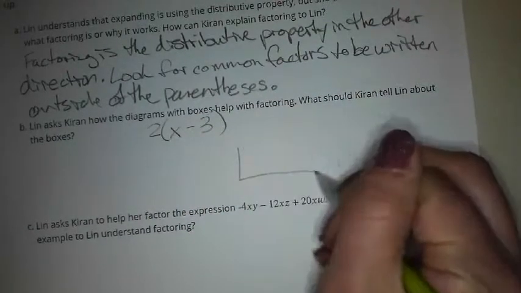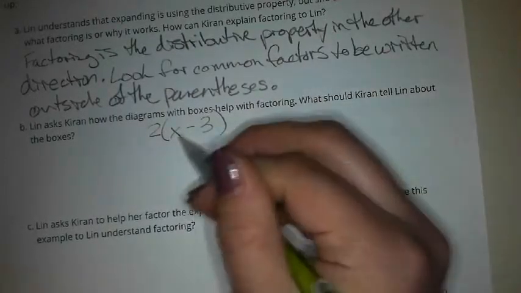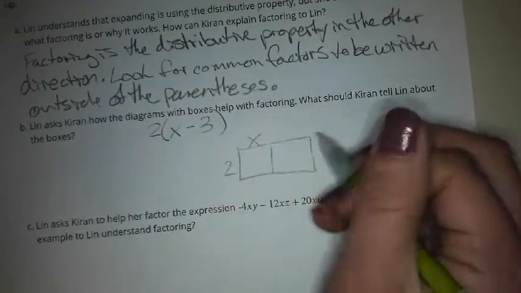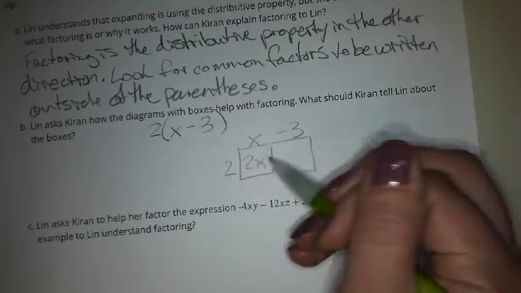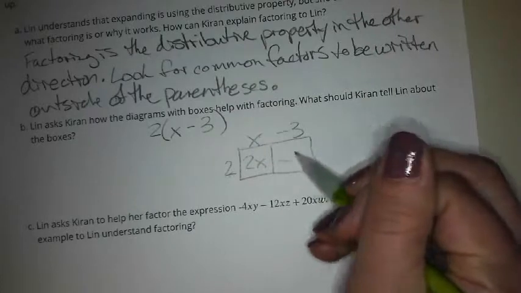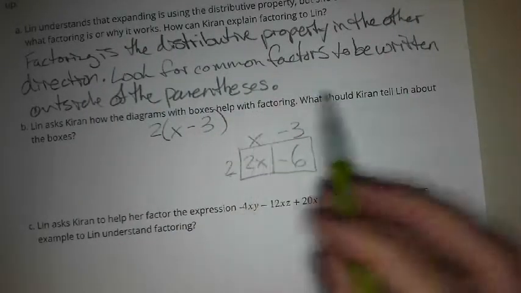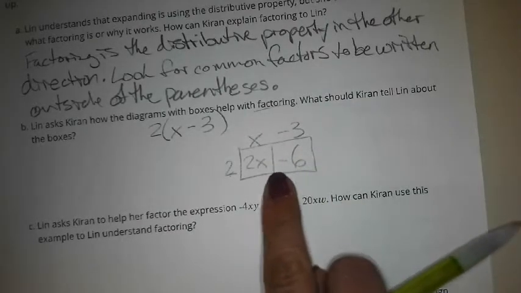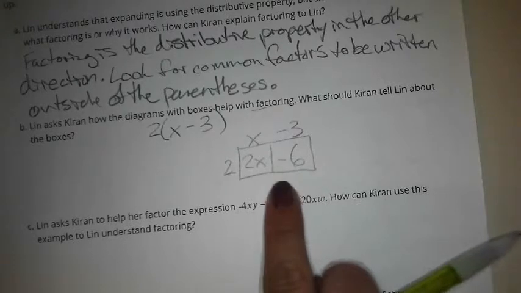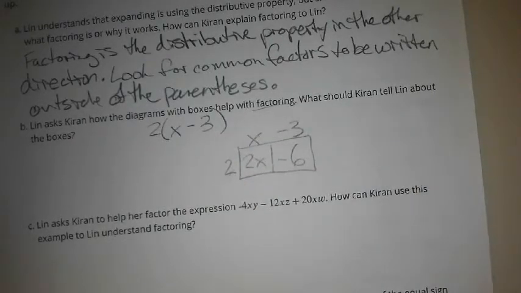I could create my boxes. 2 would be my height, x would be a base, and negative 3 would be a base. So then I would take 2 times x, which is 2x, and 2 times negative 3, which is negative 6. So what I have here is 2x minus 6 is my expanded, and this is my factored.